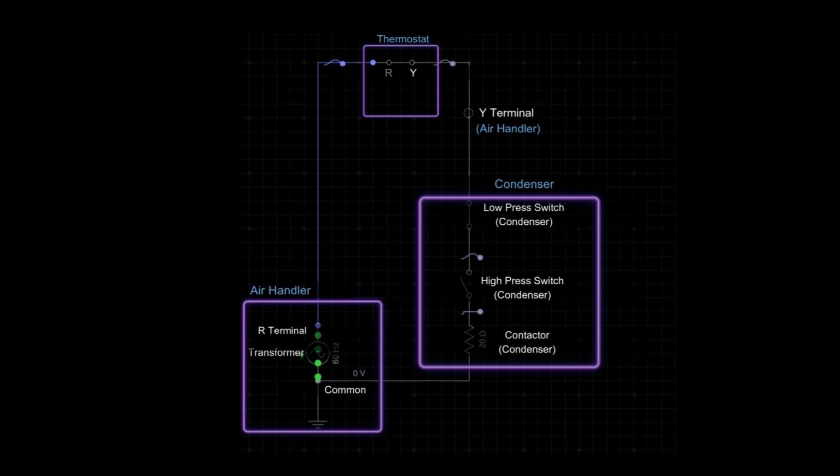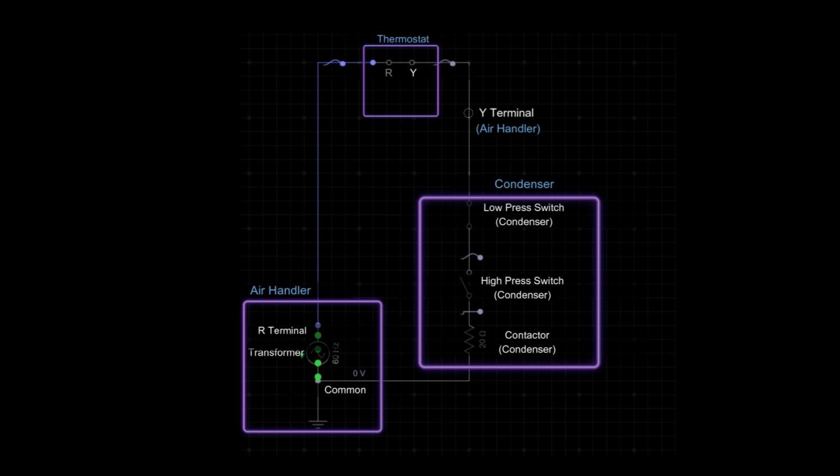Now if you want to use a wire more like a common, you can use any other wire that's not being used right now. So if we're in cooling mode and you have a W wire hooked up, that wire is not being used, and that wire will act like a common wire because it's not part of a circuit right now. So you can go to Y to W, and if you have your thermostat in cooling mode and that switch is closed, you should read 24 volts on Y.